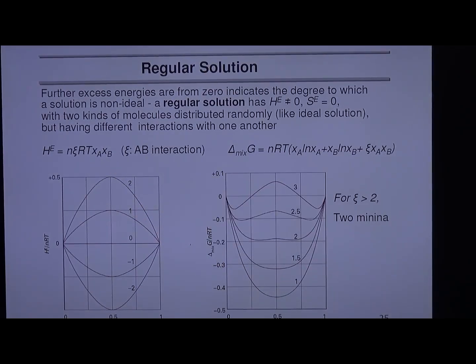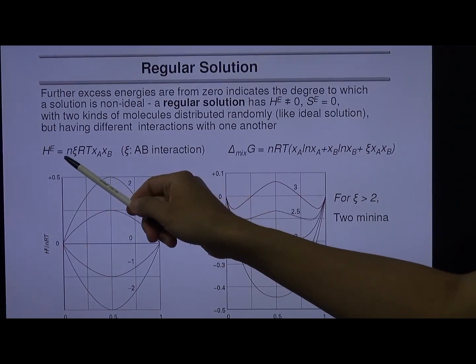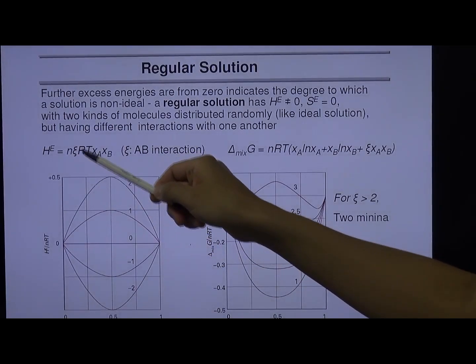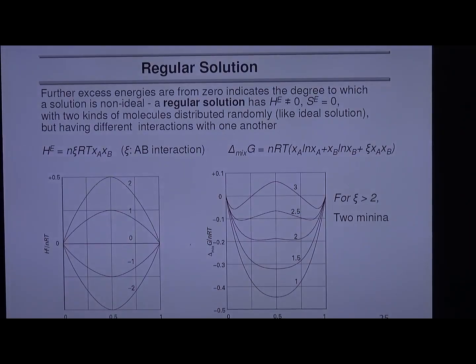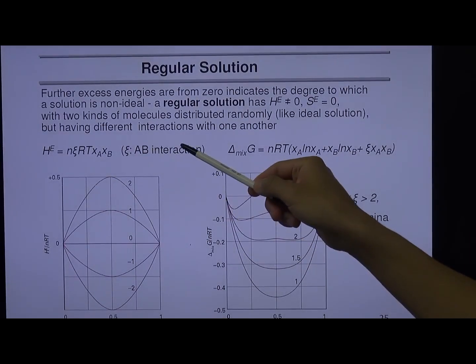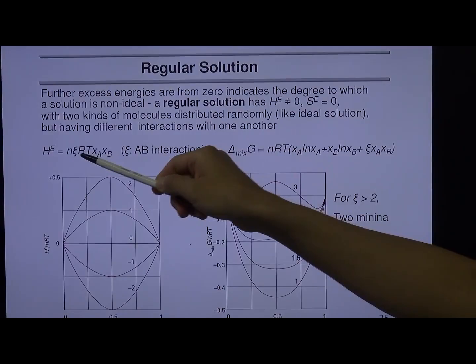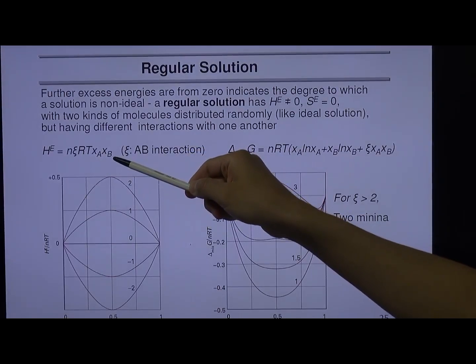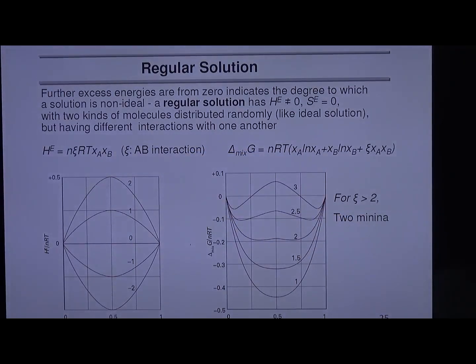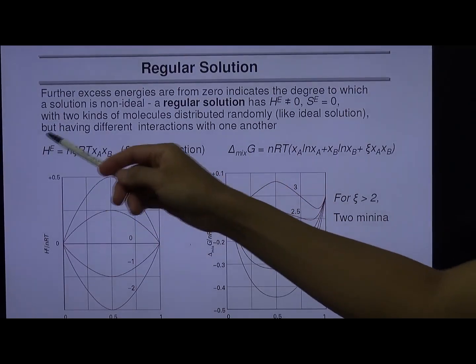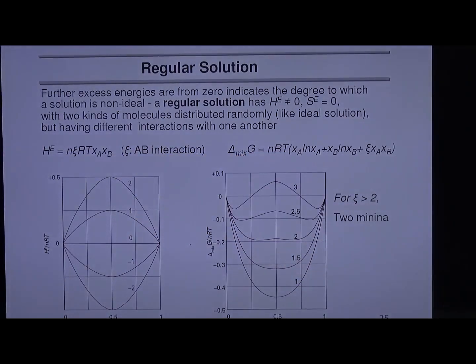There are a lot of weird variables: number of moles, psi, which is a constant representing the molecular interactions between two different molecules, RT, and XA and XB, mole fractions. So we simply assume that X^E has this form.